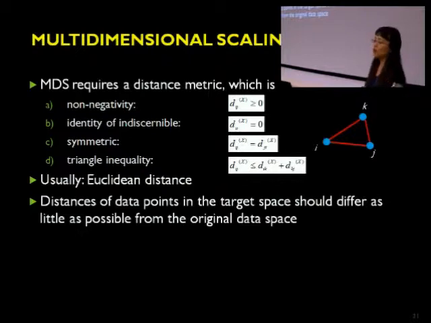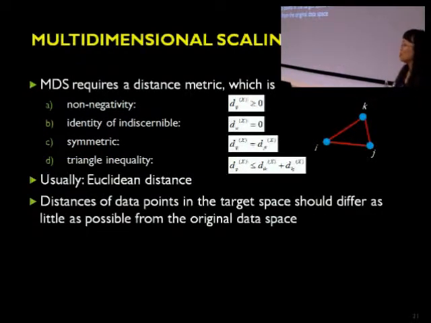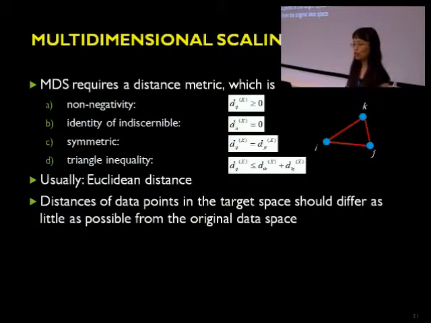So one of the most commonly used distance measures in multidimensional scaling is Euclidean distance. However, there are some algorithms that apply different distance measures, but I'm not going to talk about this during this talk.